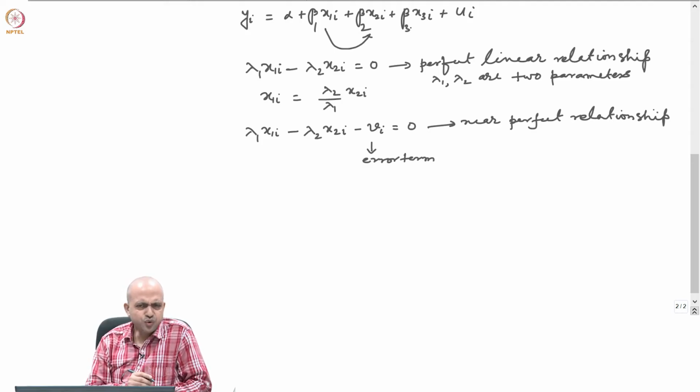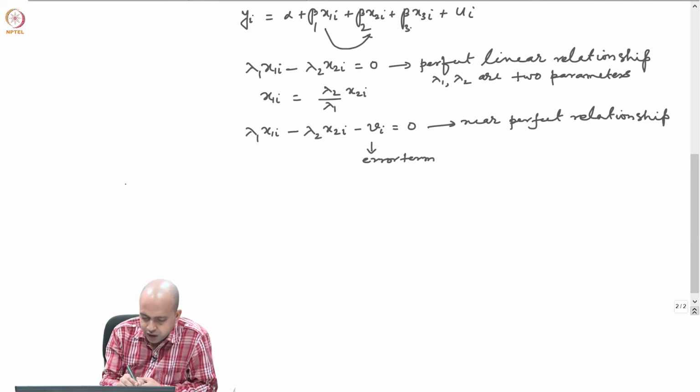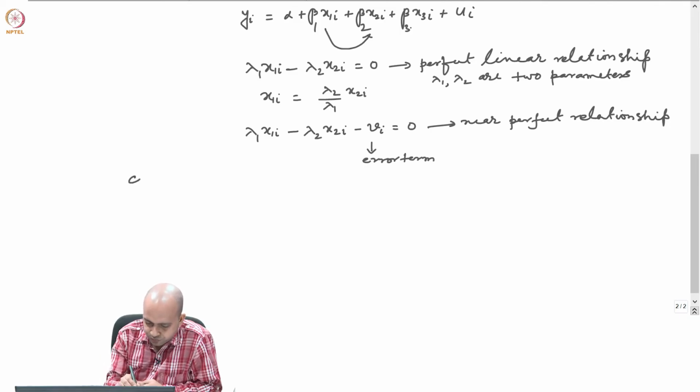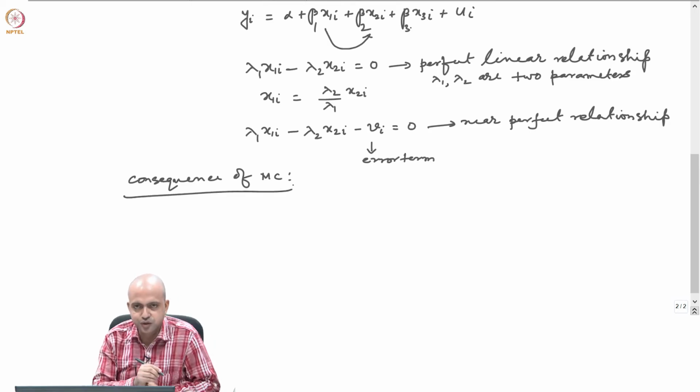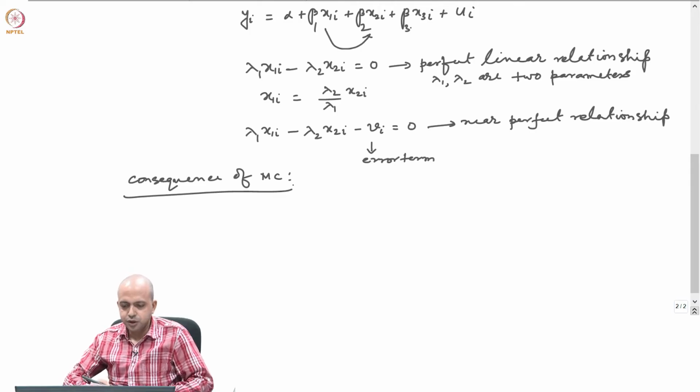Now, the question is, why should we bother about multicollinearity? That means, if such a linear relationship exists between two or more explanatory variables, what are the consequences of multicollinearity? So, let us talk about the consequence of multicollinearity, in short MC.